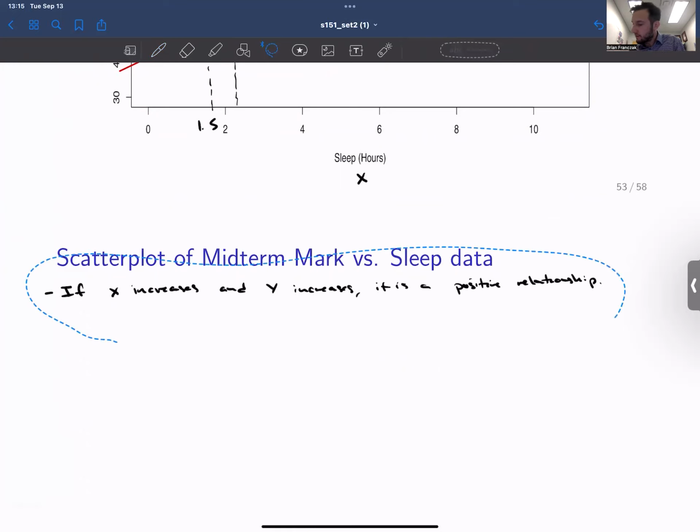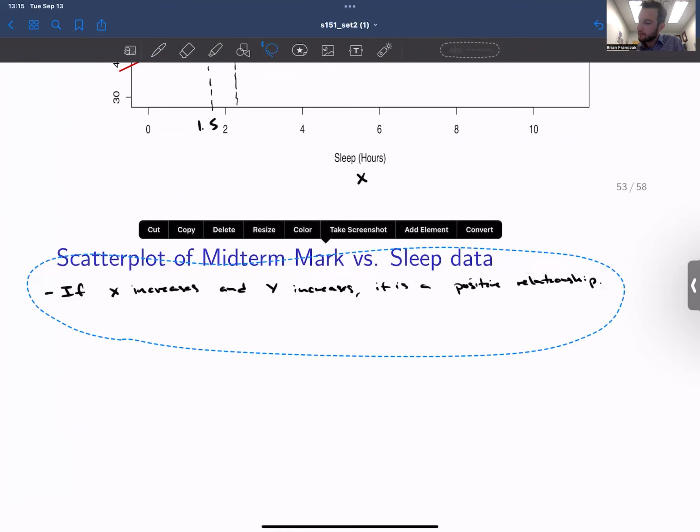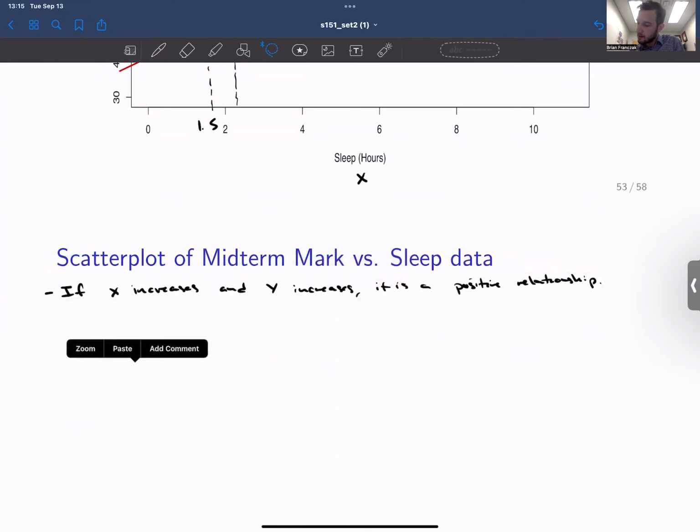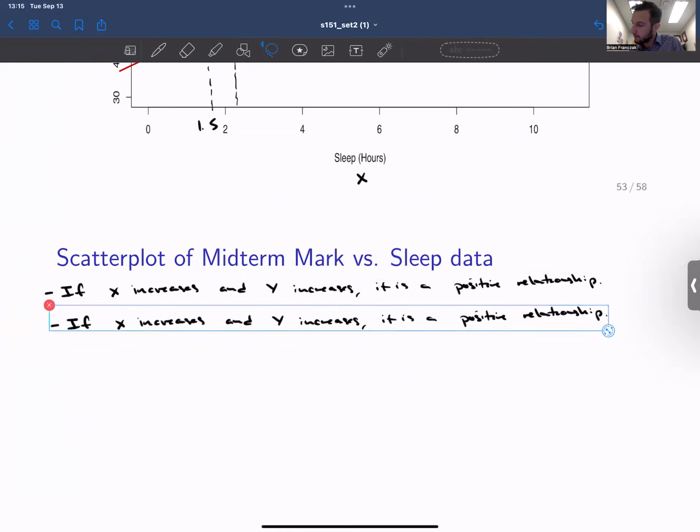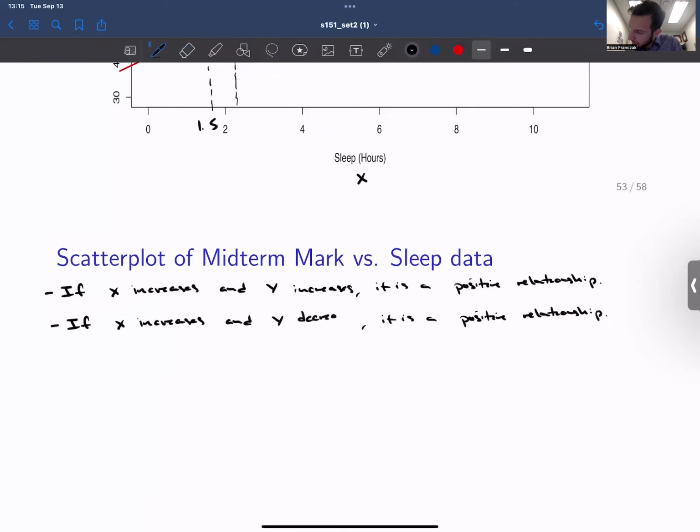If, on the other hand, X increases and Y decreases, it is a negative relationship.